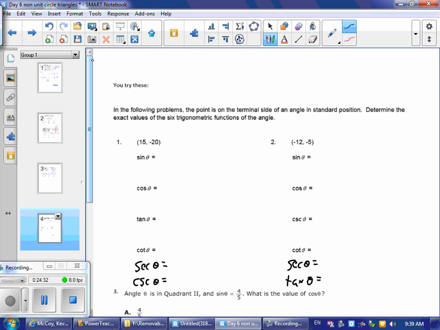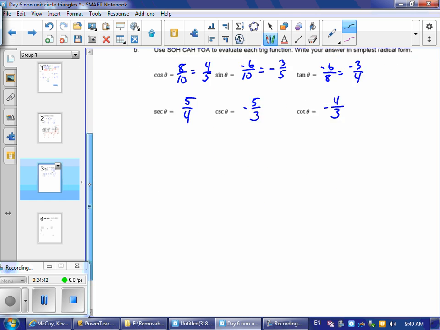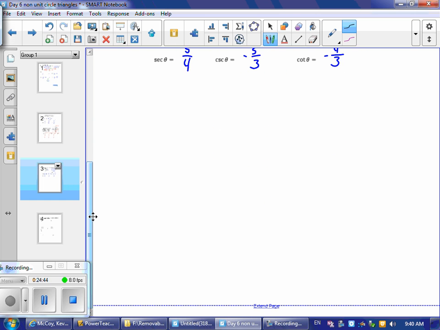One last thing I'm going to cover with you guys, because I want to make sure you understand. I'm going to go back to page 3 here. These are what are called the reciprocal properties that we've been talking about. And I didn't write it on the first page, but when I say reciprocal, I mean the other one is something flipped over.